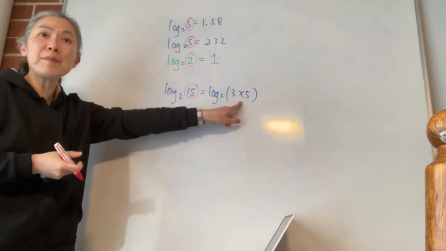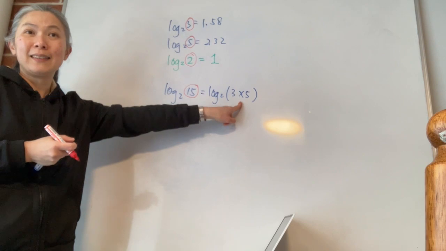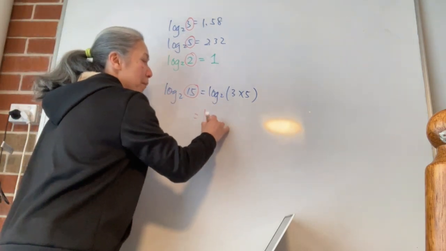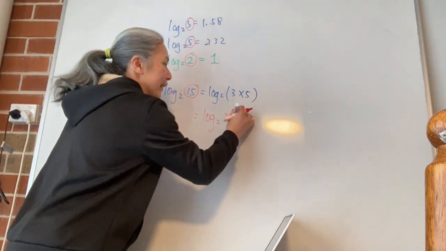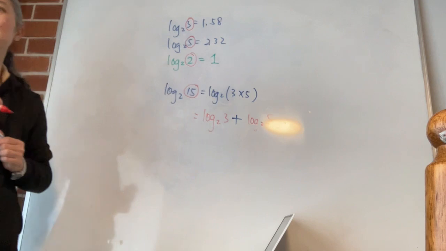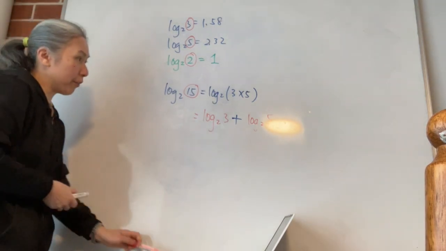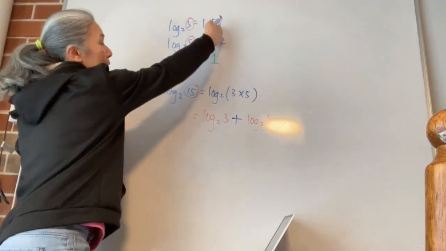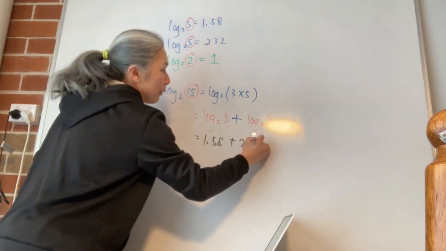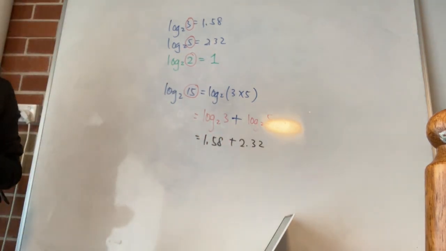And times means what in logarithm? Plus. Good. So that means it's log base 2 of 3 plus log base 2 of 5. And you know log base 2 of 3 is 1.58, plus 2.32. And then you put that in the calculator.